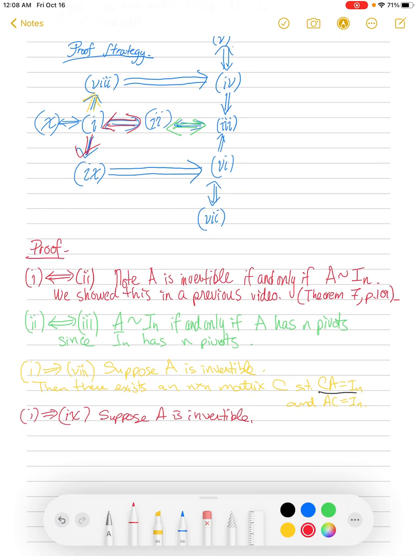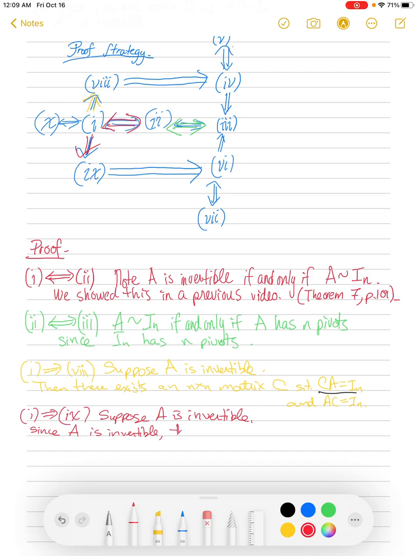Okay, what does it mean for A to be invertible? Since A is invertible, by definition, that means there's an n by n matrix you can multiply A by on each side to get the identity. Rather than C this time, let's just call it D. You can give it any name.